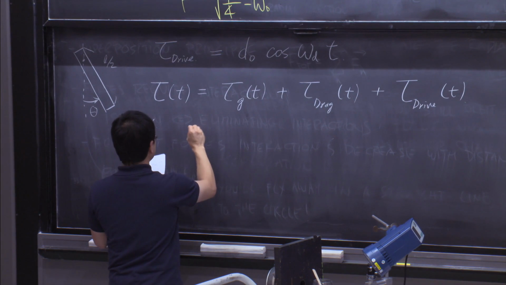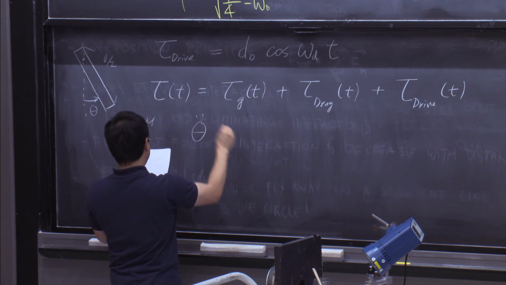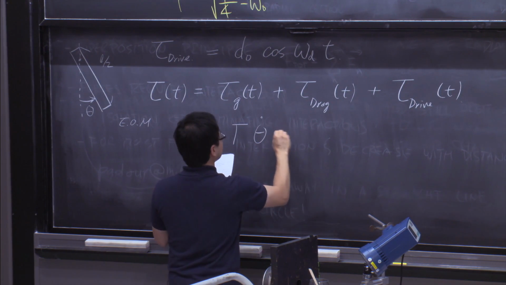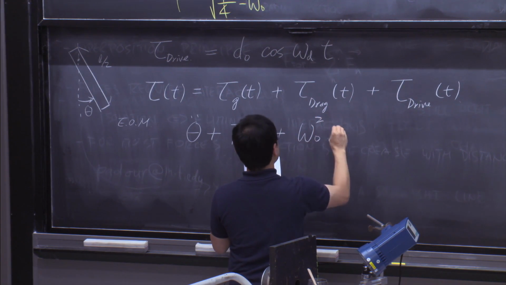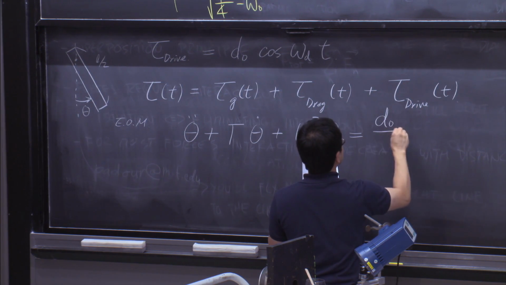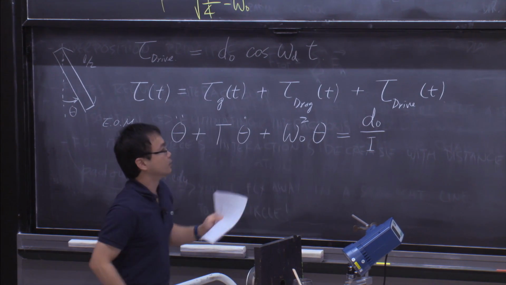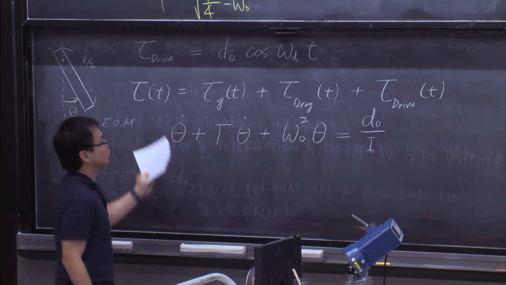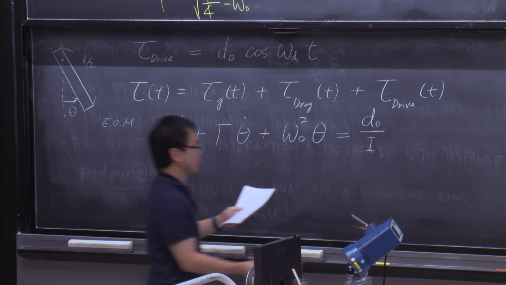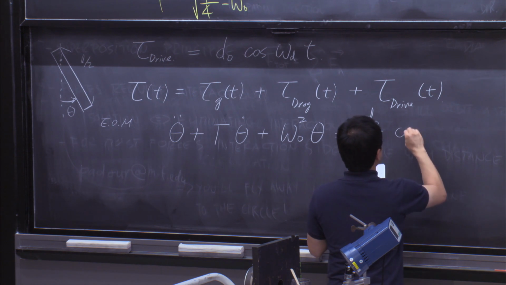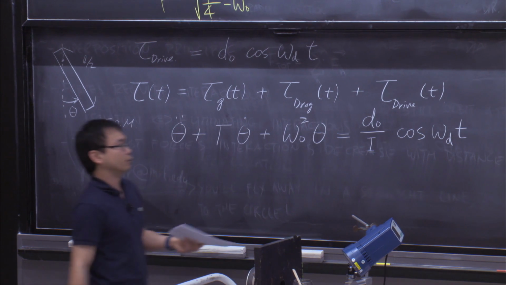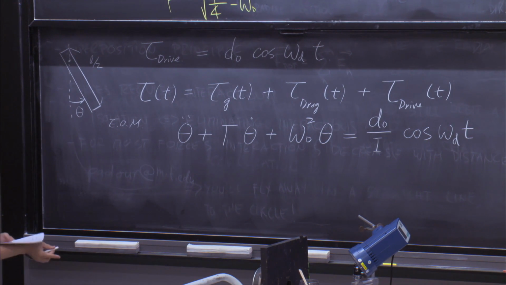This time, my equation of motion becomes theta double dot plus gamma theta dot plus omega 0 squared theta, and that is equal to d0 divided by I. This is divided by I because in order to get acceleration, I need to divide my torque by the moment of inertia of this system, times cosine omega d t. This is the oscillating frequency of the driving torque.